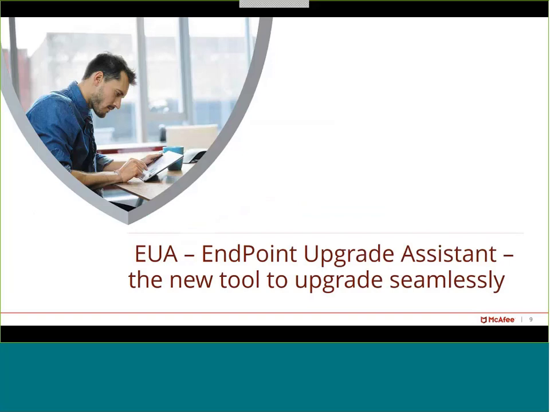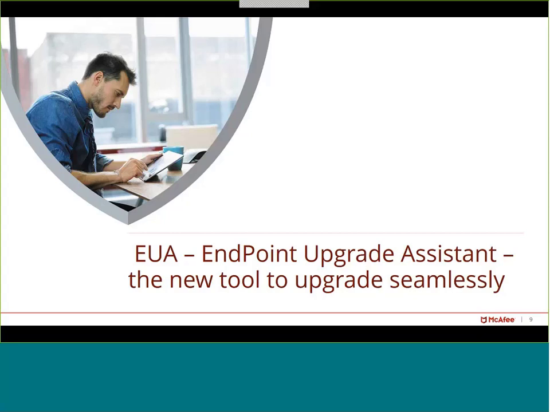So once you've done that, the next steps are, how do I migrate? How do I get to ENS 10? Okay, I have my policies in place. I've applied them to the system tree, but what now? Do I have to do the client tasks and sort out my trees? Well, no. McAfee has put together this amazing tool.